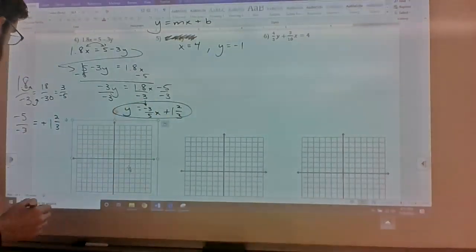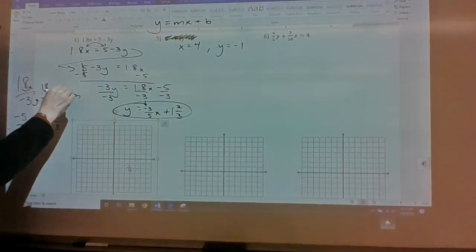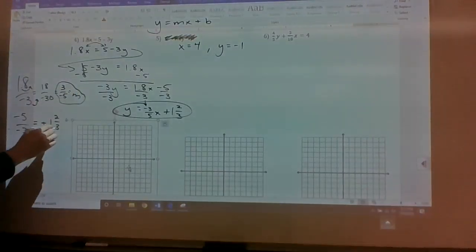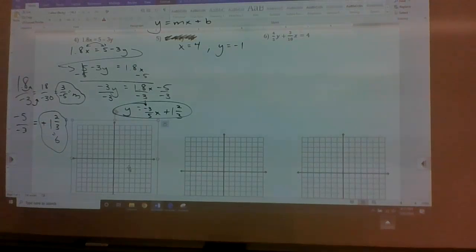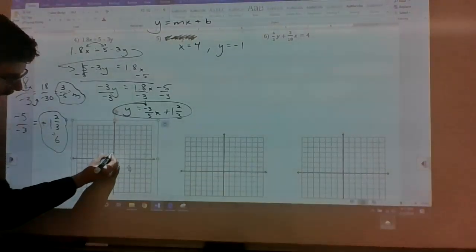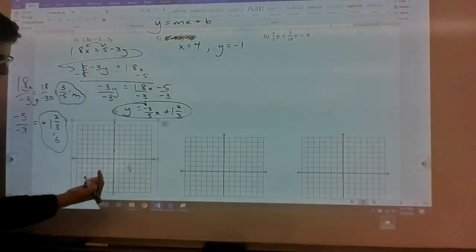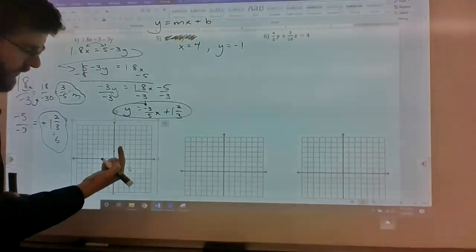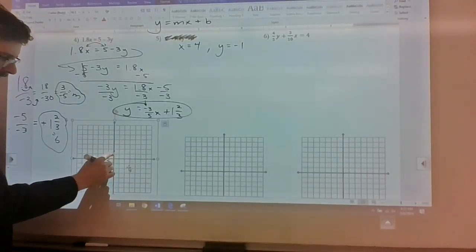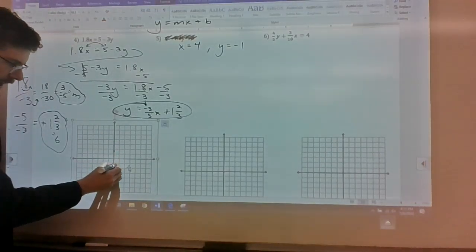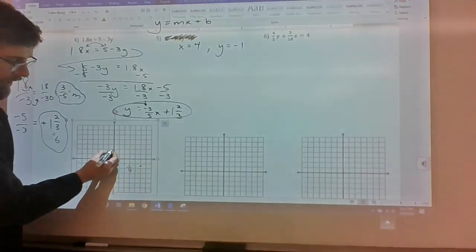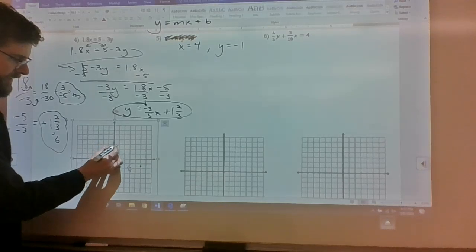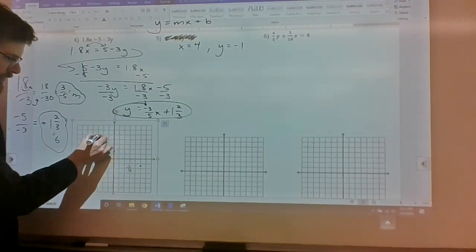All right, so this was our m value and this was our b value. So you'd start 1 2/3 units above the x-axis at the origin, and then you're going to go down 1, 2, 3, right 1, 2, 3, 4, 5, or up 1, 2, 3, and left 1, 2, 3, 4, 5.